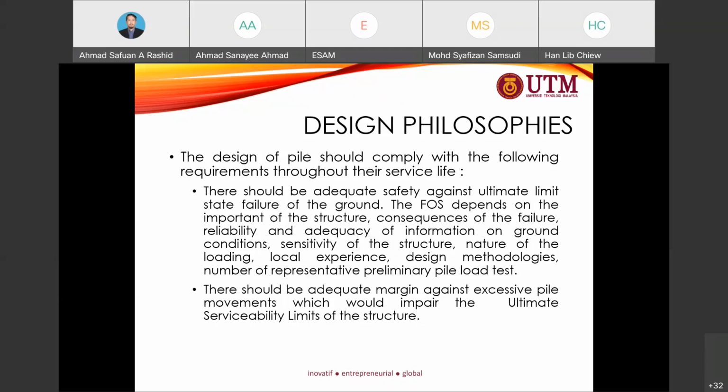There should be adequate margin against excessive pile movement, which would impair the serviceability limit of the structure. So these two items should be considered, to prevent the pile from reaching failure, and also to make sure that the pile could provide a good service during the service life.